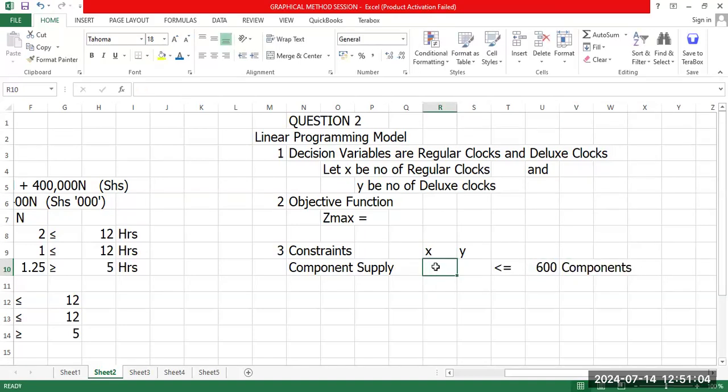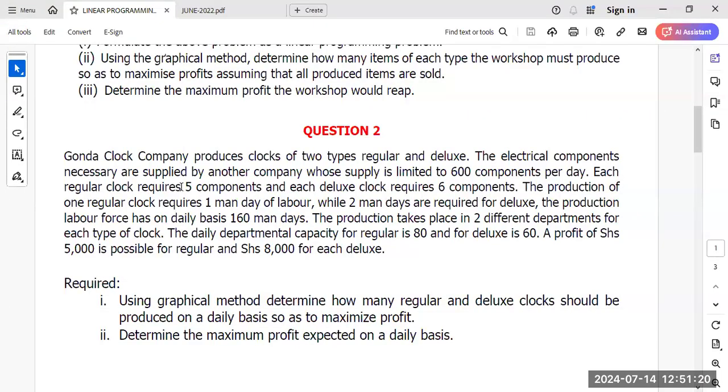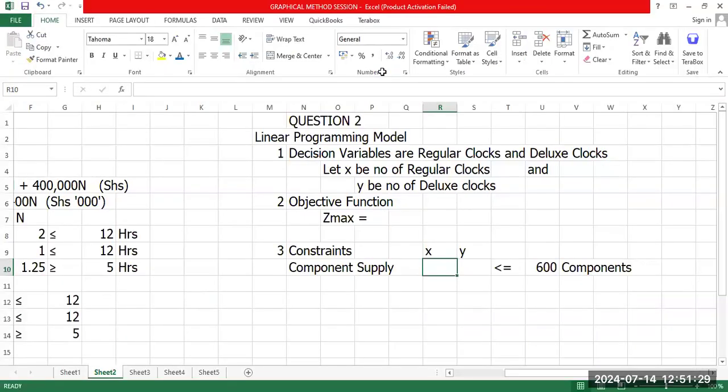And for X, it requires how many components? Each clock requires how many components? 5. They are telling us it requires 5. Then for Y, it requires 6. So I come here and put 5, then here I put 6. In an exam, that's how you should be interpreting these questions.